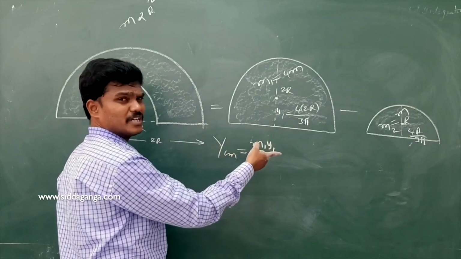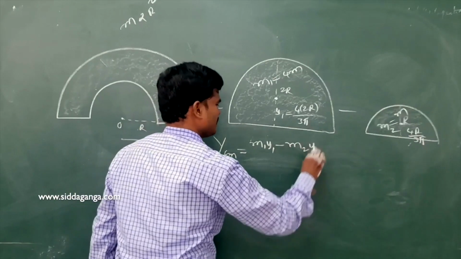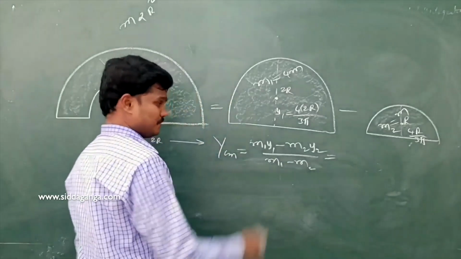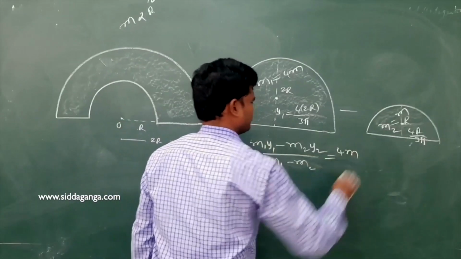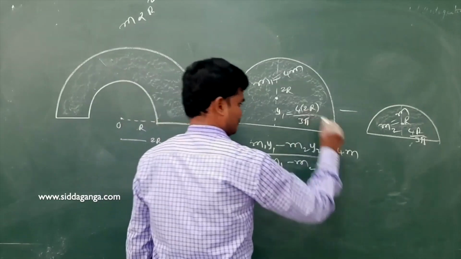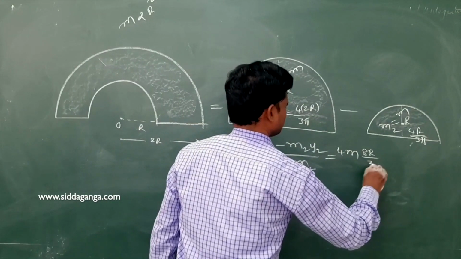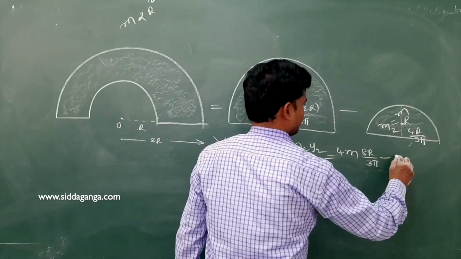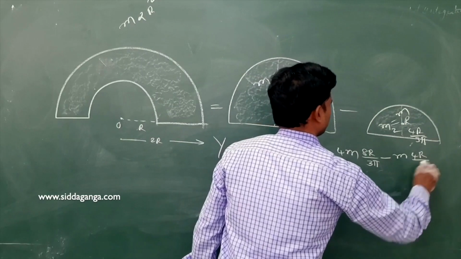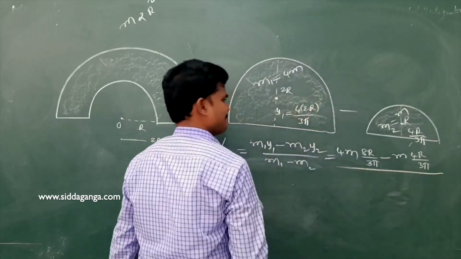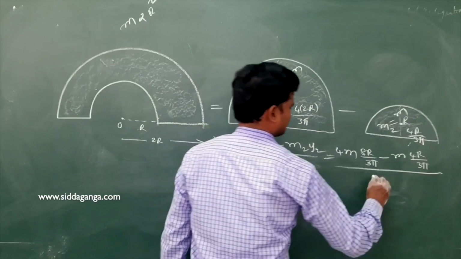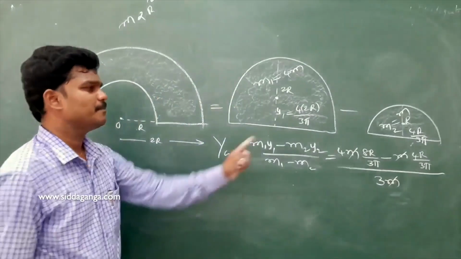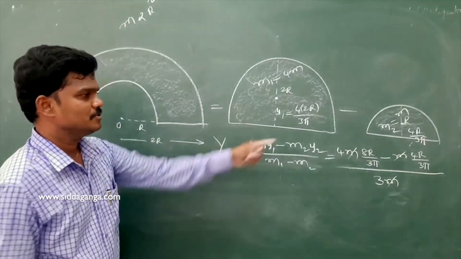What is m1? 4m. y1 is 8r by 3 pi, okay, minus m times 4r by 3 pi, and the denominator is 4m minus m, 3m. Anyhow, the mass gets cancelled. Otherwise, you may get pi r square terms, and pi and r square terms get cancelled out. So you will get the answers.